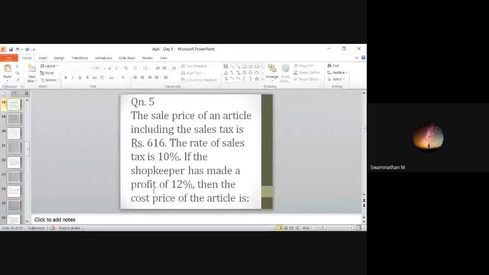616 is not the selling price. It is the selling price plus 10% sales tax. First find the selling price, and you will have selling price and profit of 12%. With the formula, find the cost price.